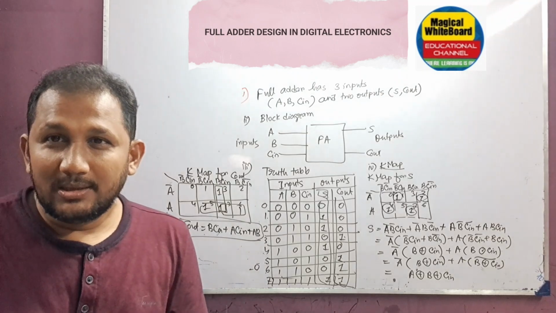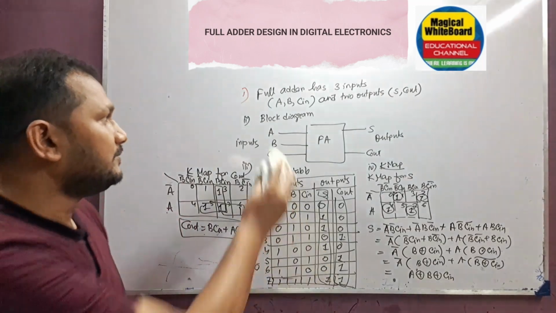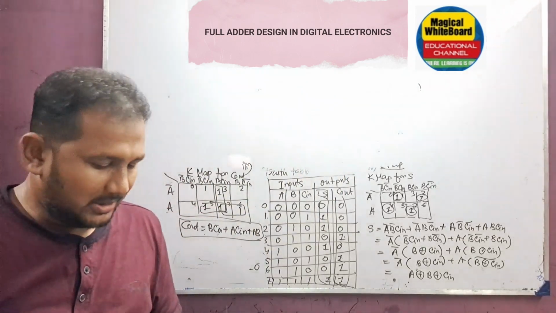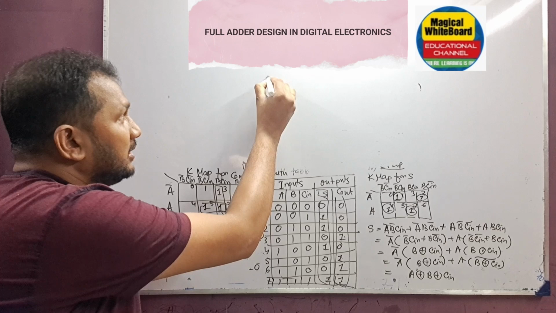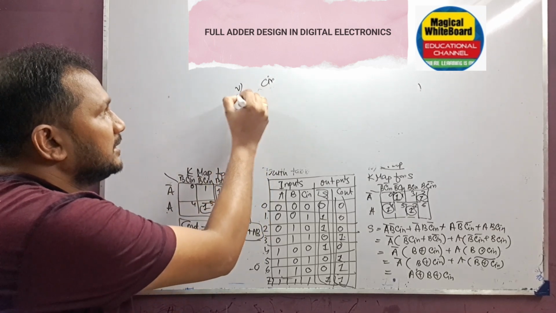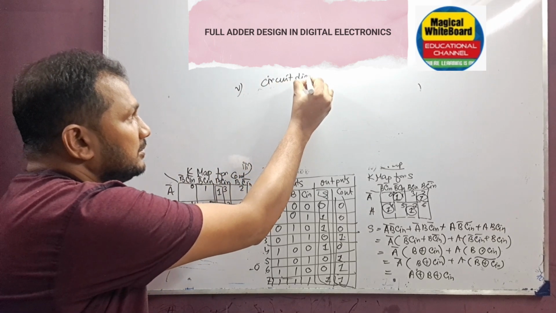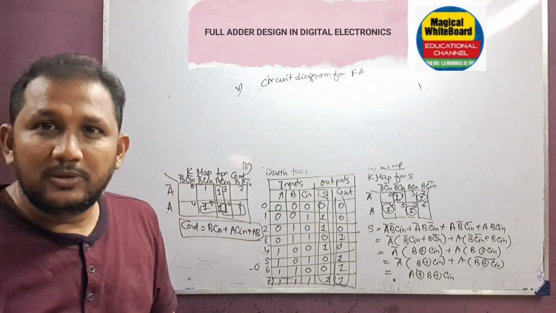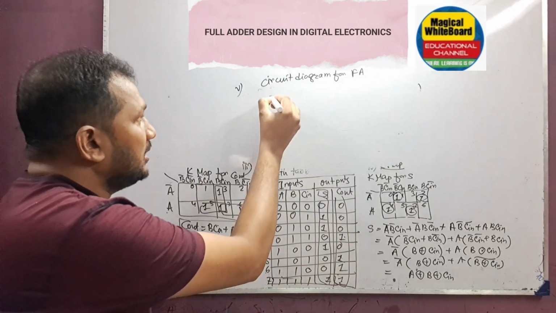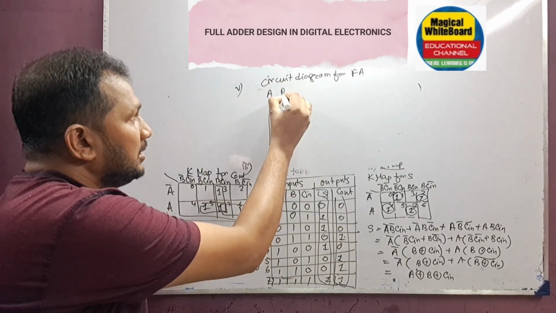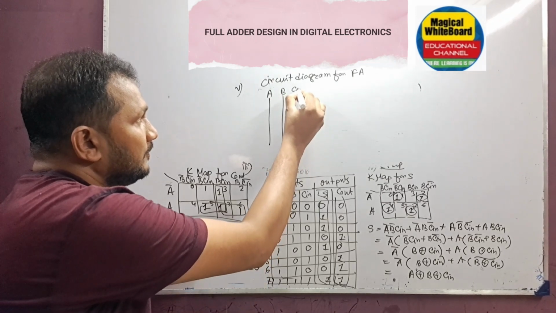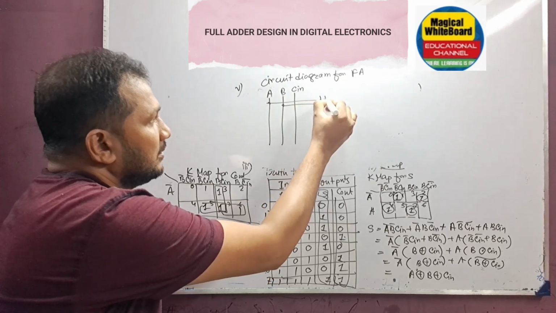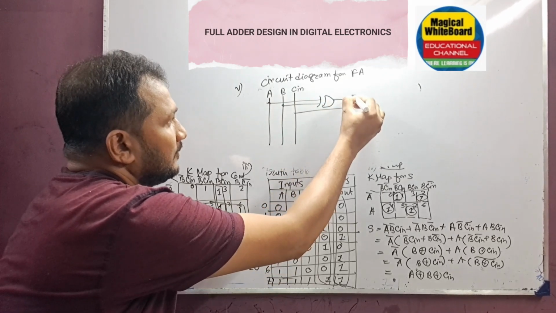Now we can finally design the full adder circuit. The design means the circuit diagram. This is the last step of the full adder circuit design. Now the circuit diagram is the fifth point. Circuit diagram for full adder. Here A, B and Cin are the inputs. We perform XOR operation between A, B and then Cin.